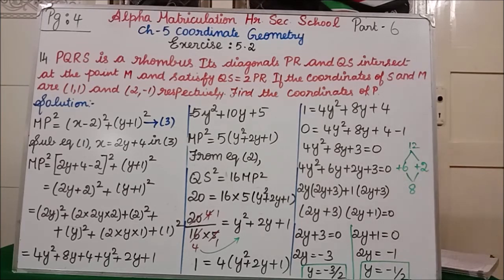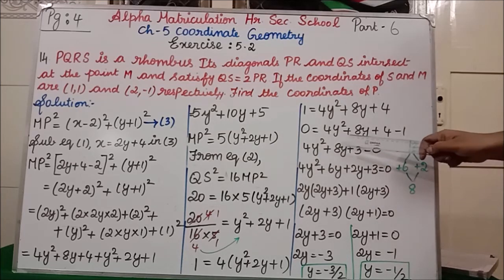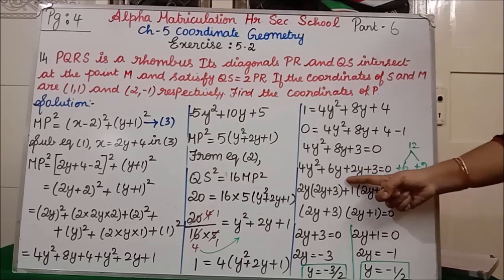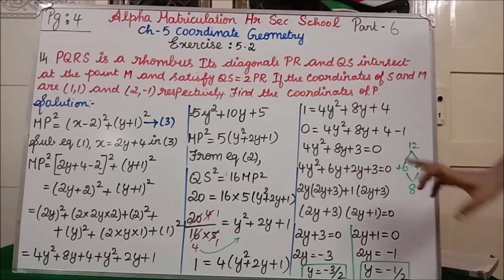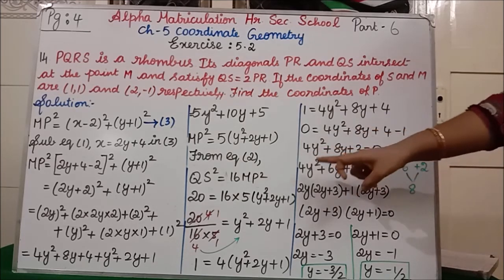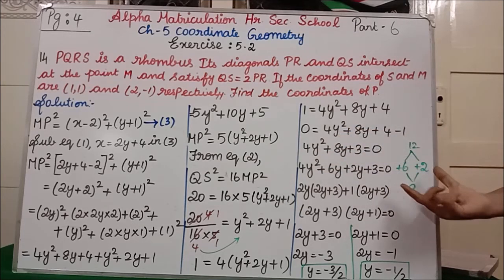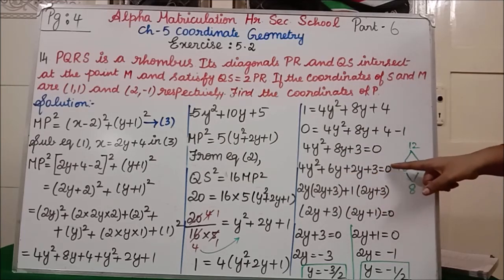Yes, so how we are going to write this: 4y square we are going to write as such. Instead of this 8y we are going to write 6y. Here what? 2, so plus 2y we are writing. Plus 3 we are writing as such. So the first term and the last term we are writing as such. Instead of this 8y we are writing these 2 terms. Clear? Plus 6y plus 2y plus 3 equal to 0.